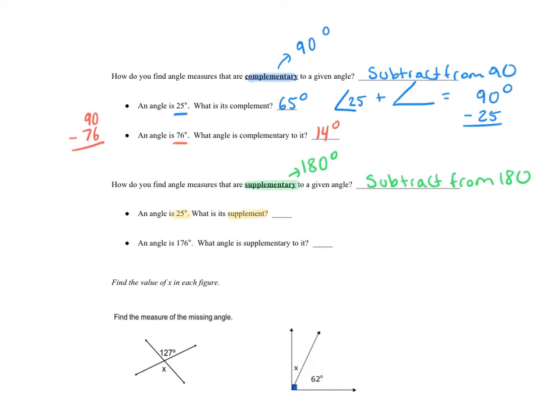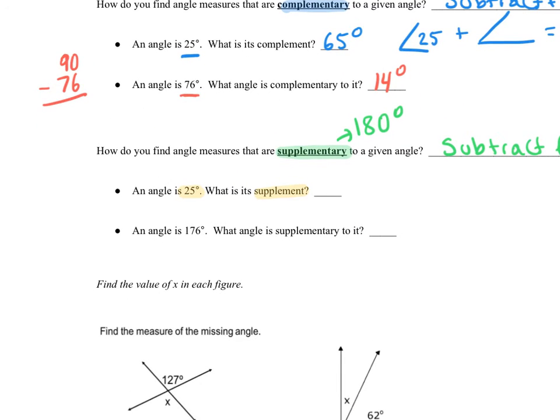We need to subtract 180 minus my 25 here, which gives me a measurement of 155 degrees. On my next one, if the angle is 176 degrees, again, what angle is supplementary to it? I'm going to do my subtraction and I get 4 degrees.